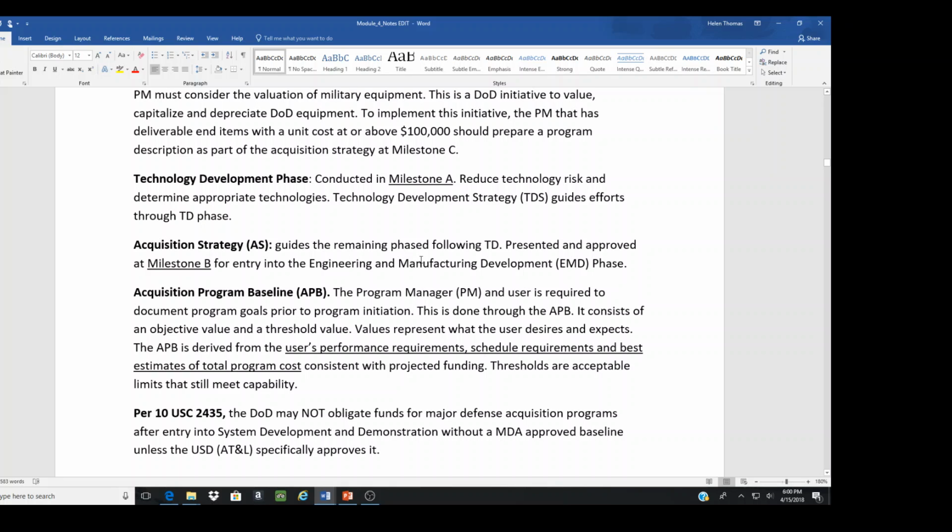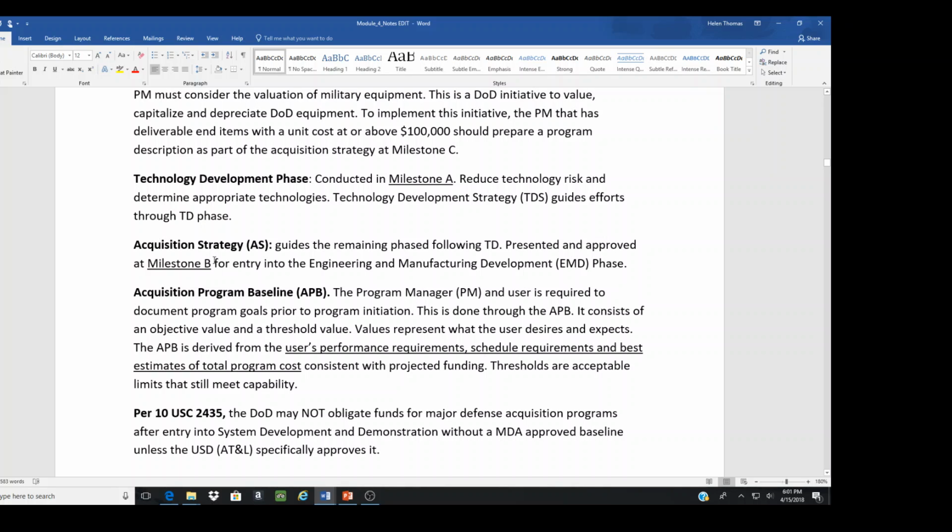So first we develop the technology, and we have a technology development strategy to figure out how to reduce that risk factor, and then we can figure out the rest of the acquisition phase. So we need an acquisition strategy that guides the remaining part of the acquisition and the technology development, presented and approved at Milestone B.